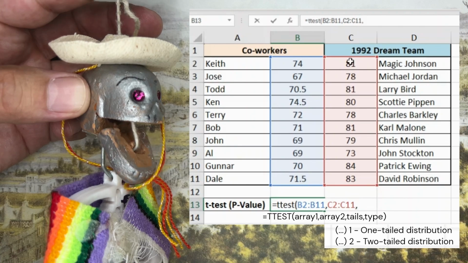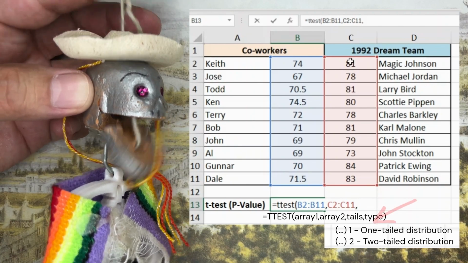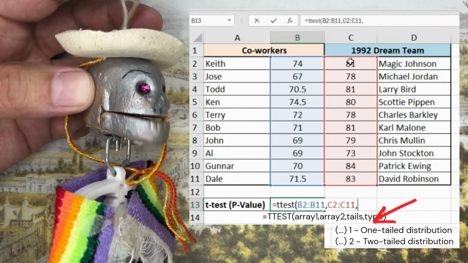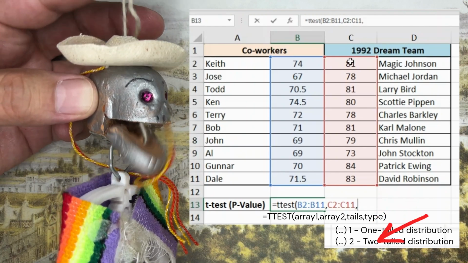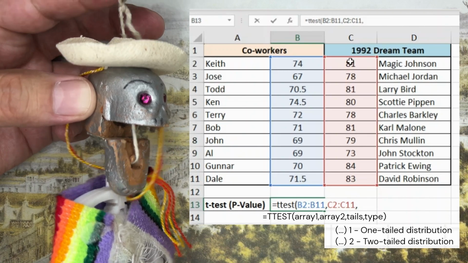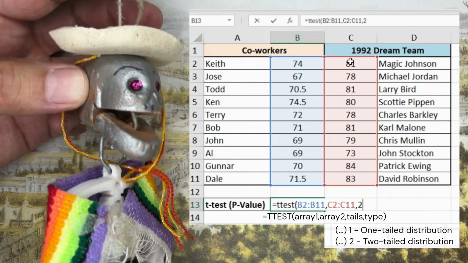Then you have the option to pick the number 1 for the one-tail distribution, or 2 for a two-tail distribution. We're going to type 2 since we don't know in which direction the variation is going to go.